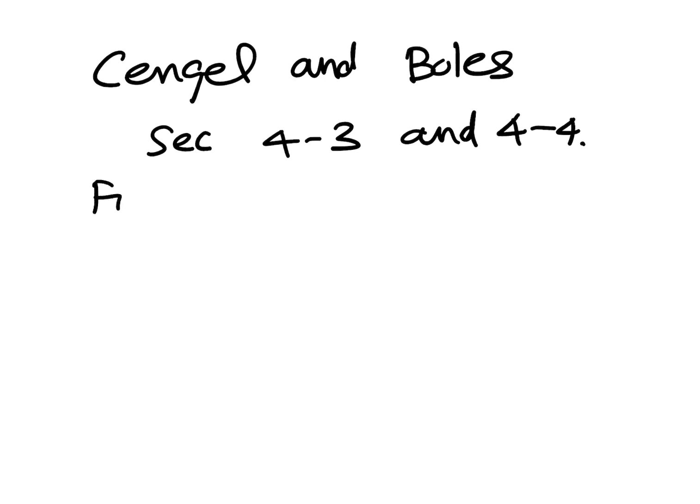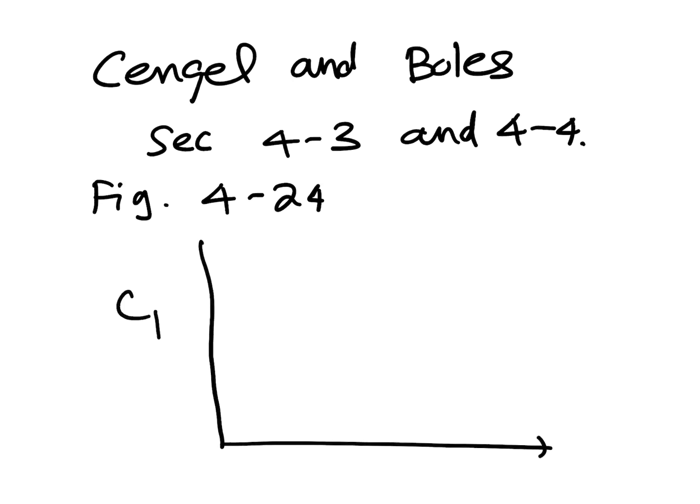The textbook, Cengel and Boles, talks about these concepts in sections 4-3 and 4-4. I particularly ask you to refer to figure 4-24 that shows the specific heat at constant pressure as a function of temperature for different gases.